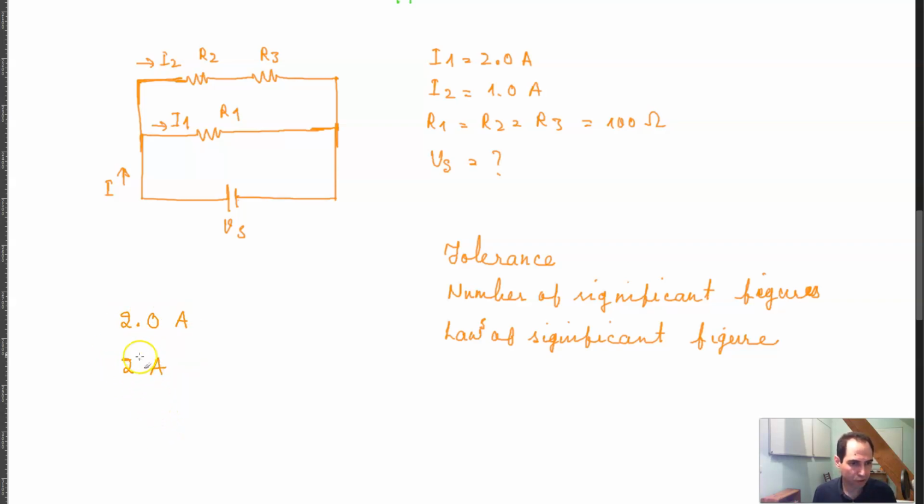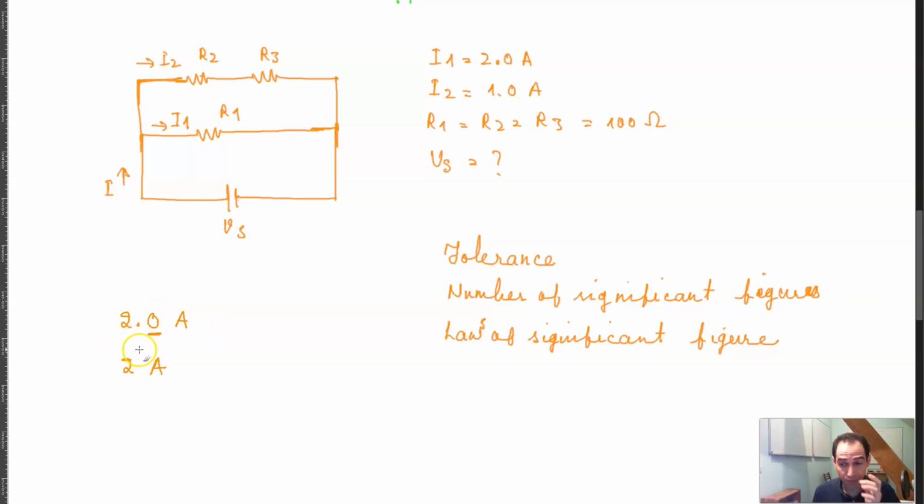This 2 amp current has only one significant figure, meaning the only digit measured was the ones place. But with 2.0 amp, the ones digit and also the 1/10th digit were measured, and therefore this has two significant figures.